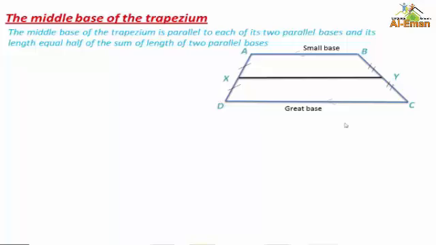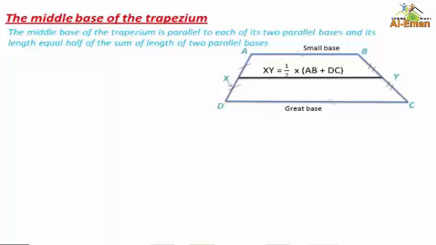So this line segment XY bisects the two legs AD and BC, where XY here is called what? Yes, excellent. It's called the middle base of the trapezium. It's parallel to the two bases. So here, XY equals half times AB plus DC.